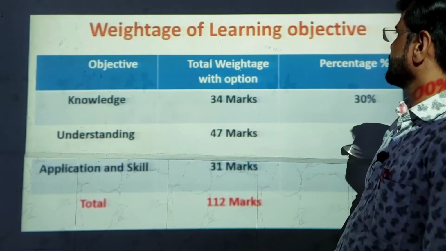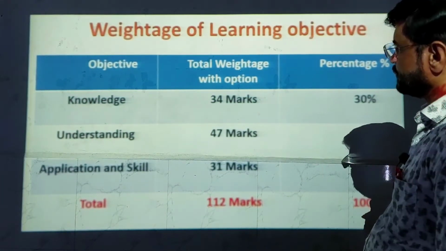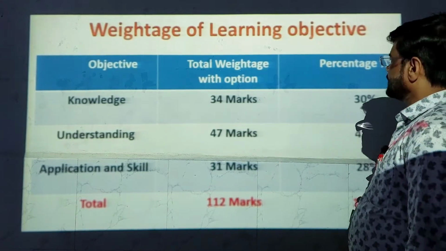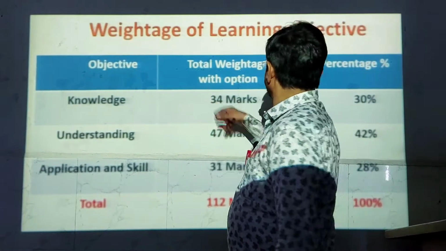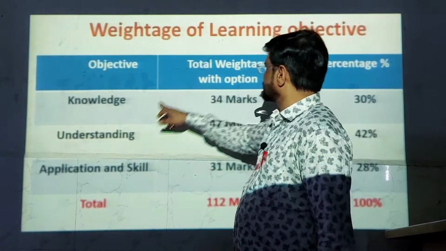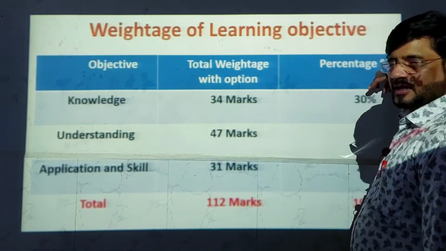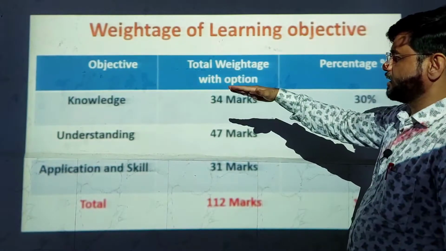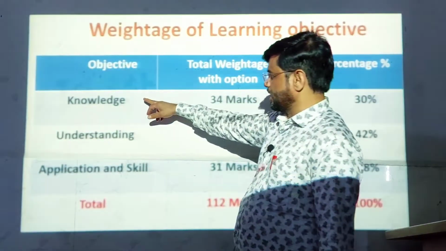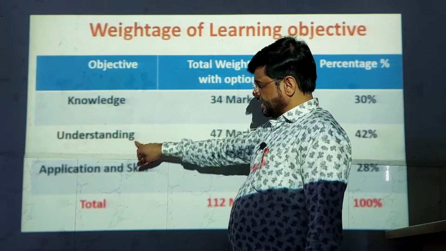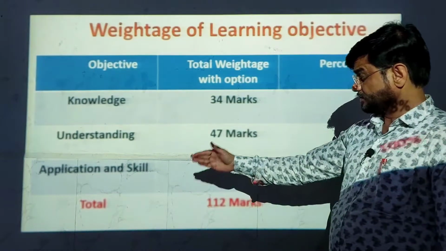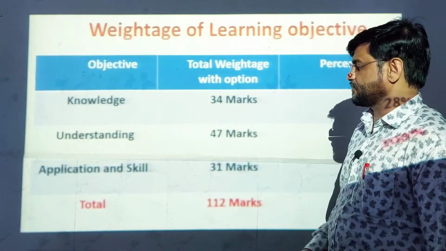Now the weightage of learning objectives. There are 3 columns: objectives, total weightage with option, and percentage. The objectives are divided into 3 categories: knowledge based questions, understanding based questions, and application and skill type questions.